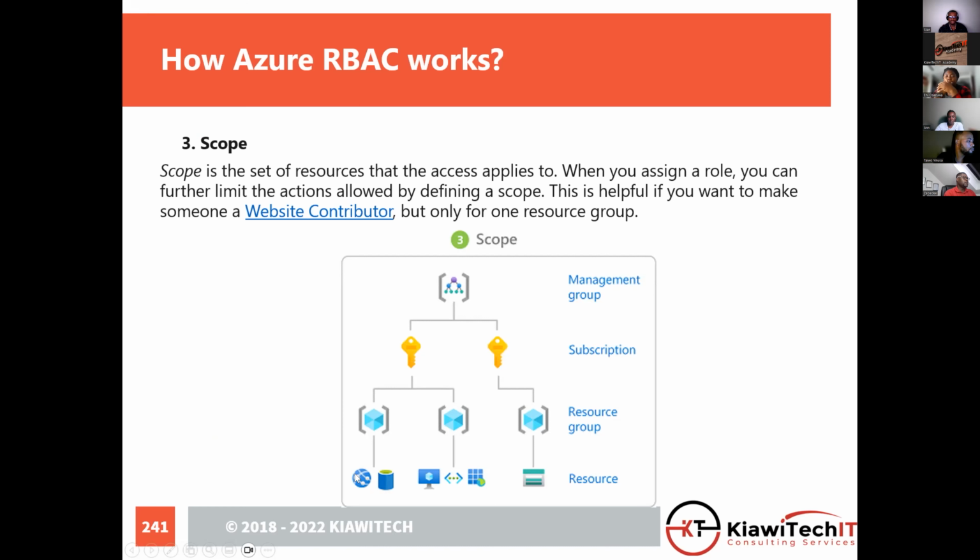As well, he'll be able to read this app, databases, storage, and all that, because he will inherit the permission from that level. So I have to go very granular and grant him read at this resource level. When he logs in, the only resource that he can see will be this resource, nothing else.